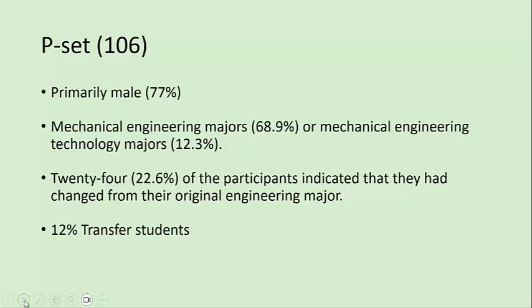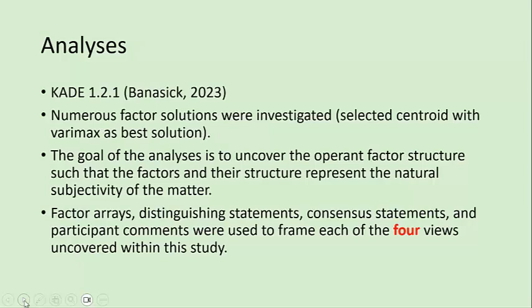Just under 23% had said they had changed their major from their original engineering major, and only 12% were transfer students. I used Sean Banaszak's analysis software, CADE, and like I always do, the solution in factor analysis is much more exploratory. So you look at the factors, and then you might make multiple solutions, and then you look at what are called the factor scores, which is essentially a Q sort that represents that viewpoint.